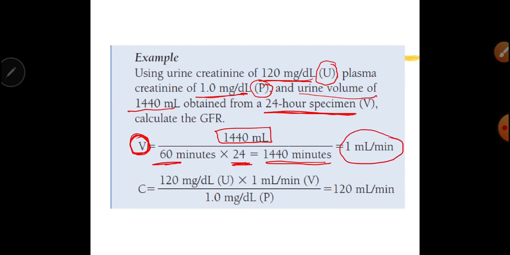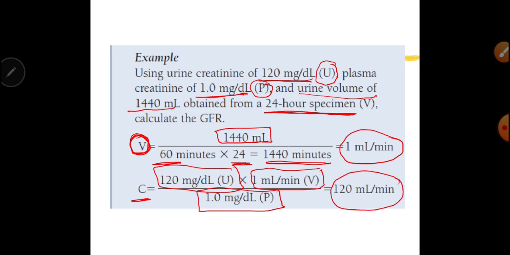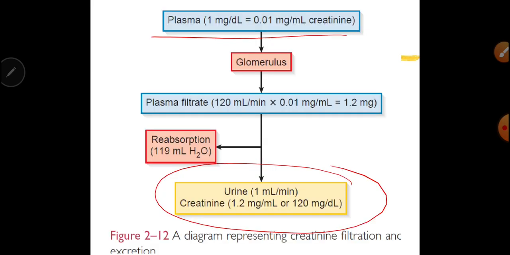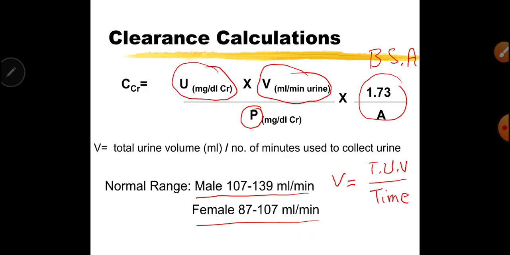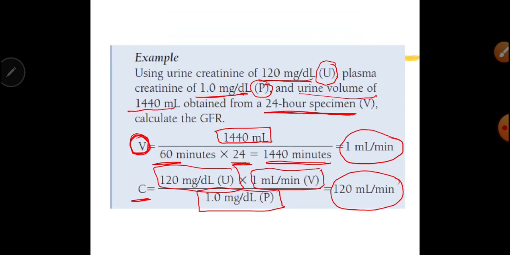So the volume of urine divided by time in minutes is called V. Now we can apply the formula. We multiply U by V divided by the plasma concentration of creatinine, and this will be equal to 120 ml per minute, and this is normal for a male, of course. As we said before, the male range is from 107 to 138, so this number is normal for a male.